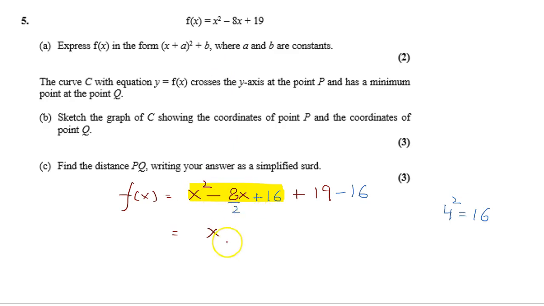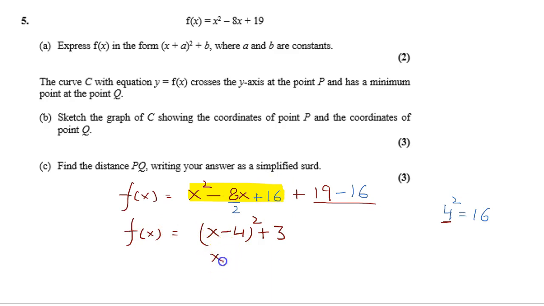If it is plus, it will come plus. If this is minus, it will come minus. And this number, not 16, this number will come: (x minus 4) square. Now we have 19 minus 16, so it will be plus 3. So f(x) is this.